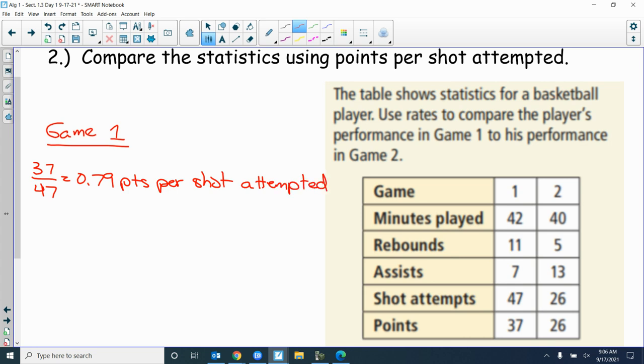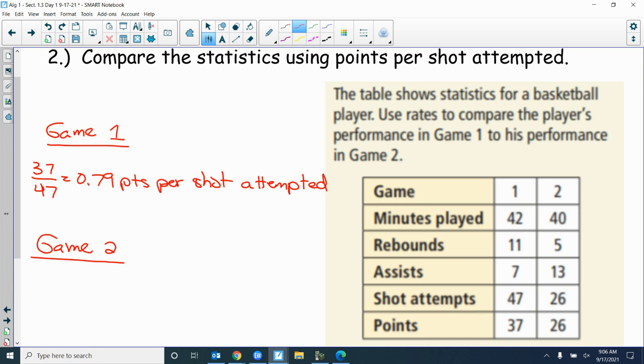All right, game 2. Emily, what do you think we should divide? Looking at game 2, if I follow the same comparison, what should I divide?